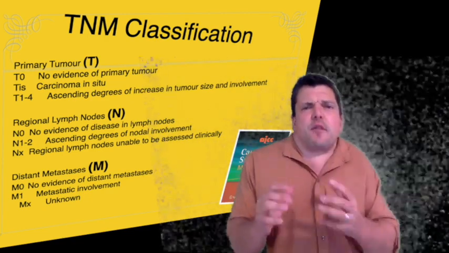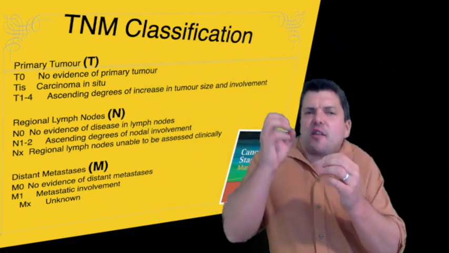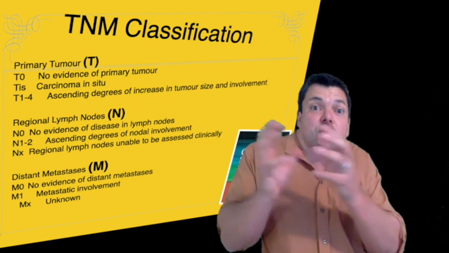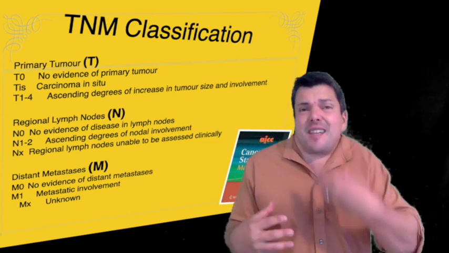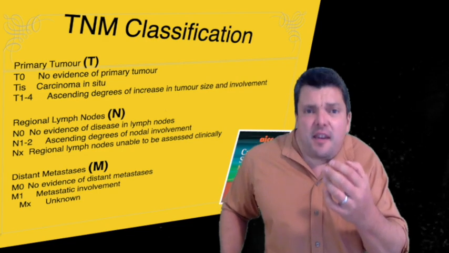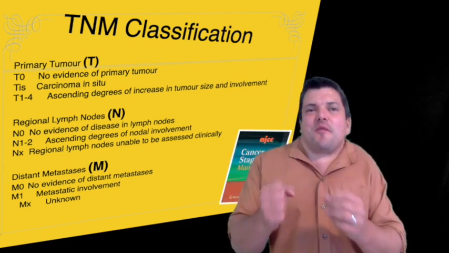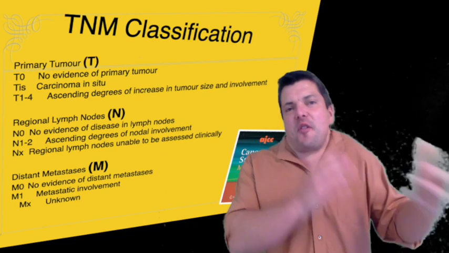With regard to lymph nodes specifically, regional is the key term there. It's got to be lymph nodes that drain that area that the cancer occurred. Right? If a patient has a cancer in the lung, you're not going to be looking to lymph nodes around the kidney to see if there's lymphatic involvement. You specifically look to lymph nodes that are draining that area of the lung tissue.